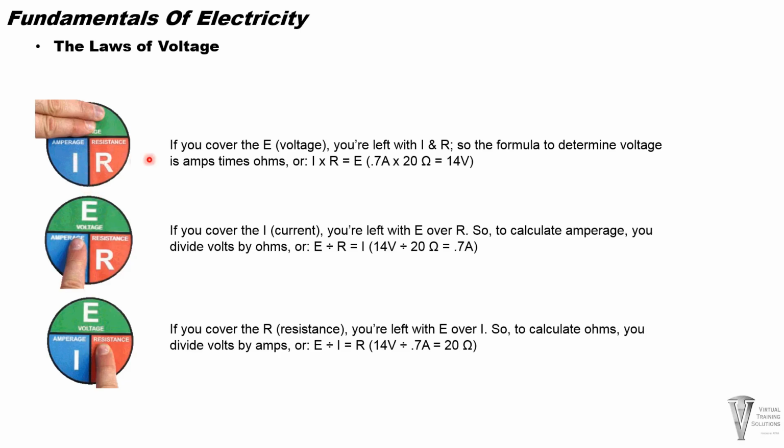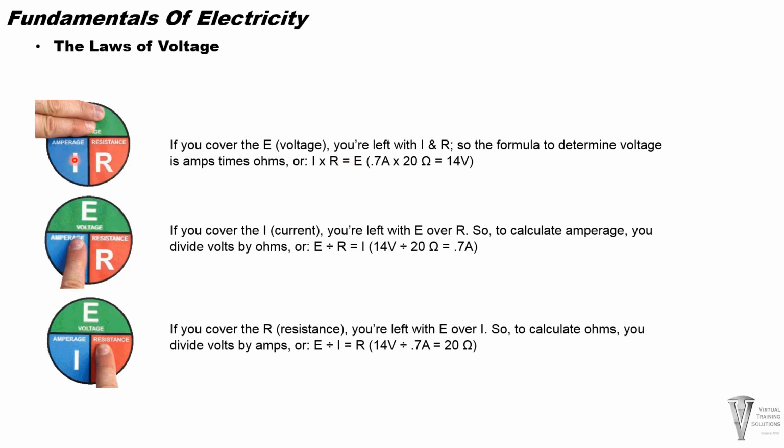If you cover the E, which is our voltage, you're left with I and R. I is your amperage, R is your resistance. You take your I, multiply that by R, it equals E.